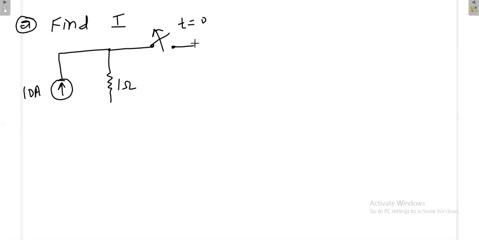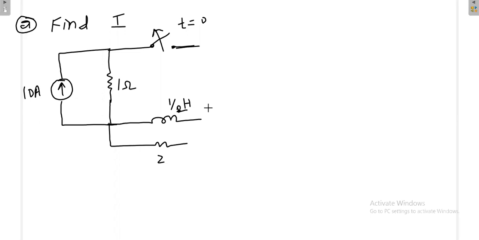Okay, it is opposite. Generally at t is equal to 0 we get the closure of the switch, but here it is something opposite. Then here an inductor is there, 1/2 Henry, and then 2 ohm. This is connected like this.